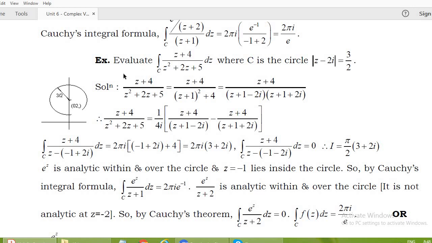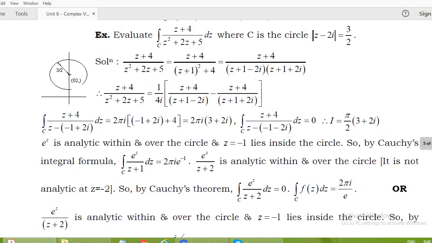Again, just have a look at this. Evaluate the integration over closed curve C of (z plus 4) upon (z square plus 2z plus 5) dz, where C is the circle modulus of z plus 2i is equal to 3 by 2. We have to just simplify and get the factors of the denominator, and again make use of the integral formula.